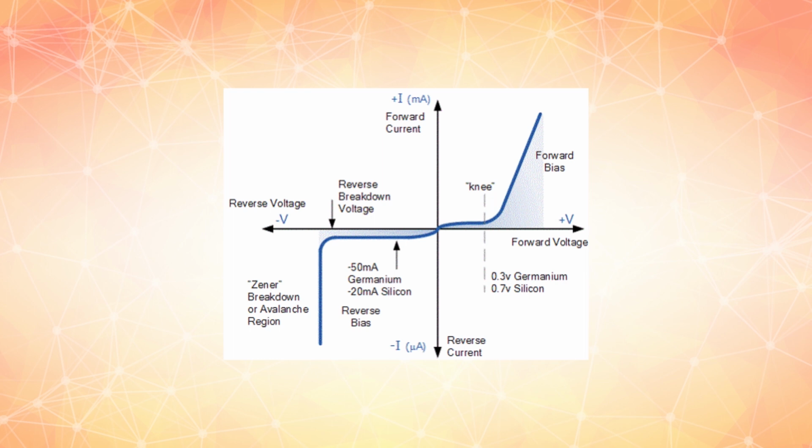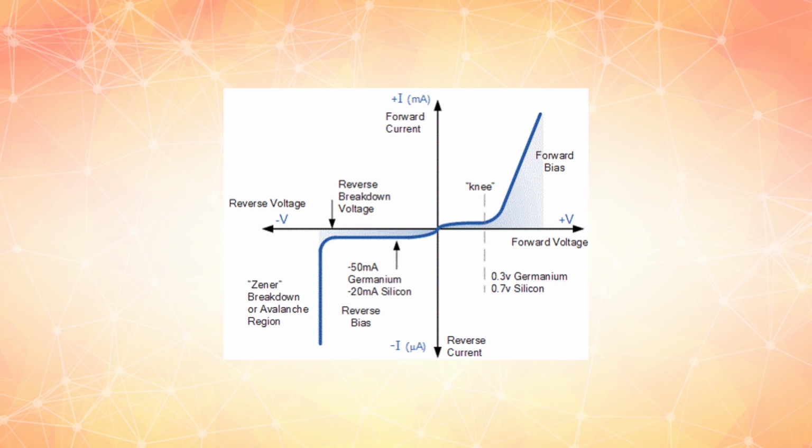That is, the knee voltage is nothing but the amount of voltage required to overcome the barrier potential, and as we have already discussed, it is 0.3 volt for germanium and 0.7 volt for silicon.